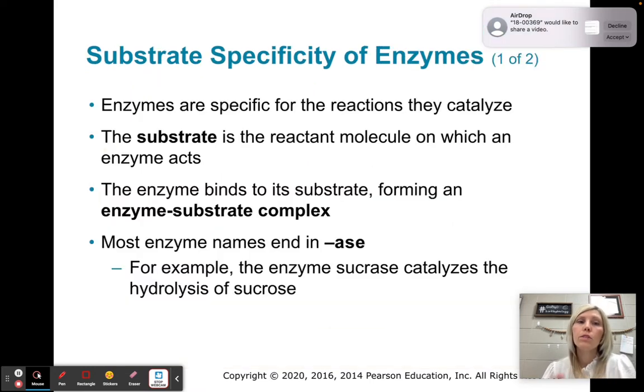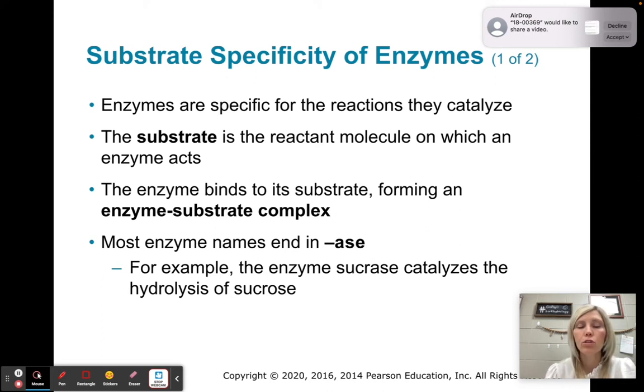Okay, substrate specificity. So we know enzymes have particular substrates that they act on. That enzyme has a specific active site, and the reason it has the specific active site, or the shape it has, is because that domain, or that portion of the enzyme, has a specific fold of amino acids based on whatever properties those amino acids in that area have. So the amino acids might be hydrophobic or hydrophilic.